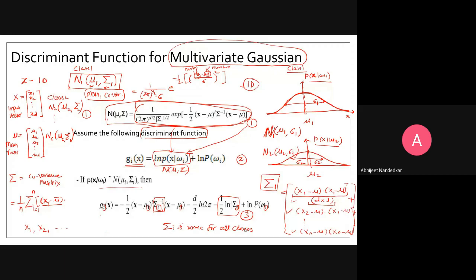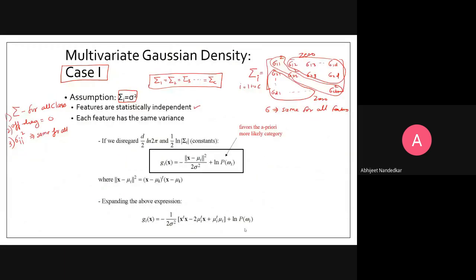The central values here talk about the spread of a feature around its respective mean. And off diagonal elements discuss the relation between two variables. Say for example x1 and x2, if these are the two variables in my vector, then the relation between them is given by sigma 1 2, the first entry here.